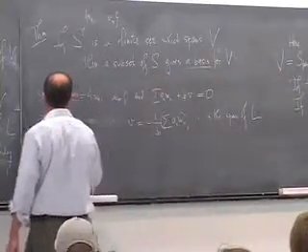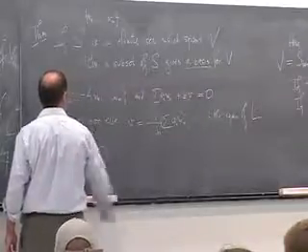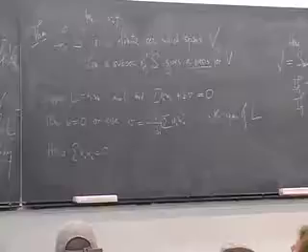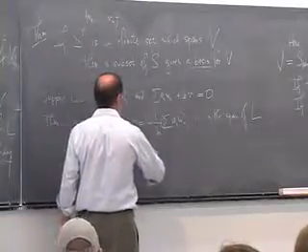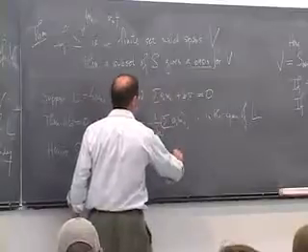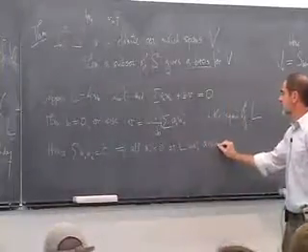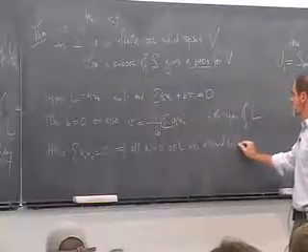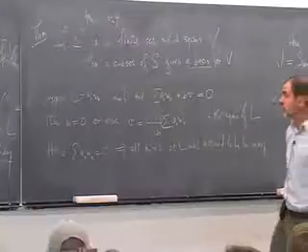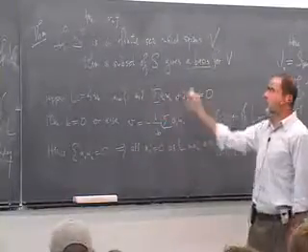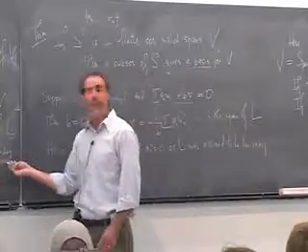Hence, the summation of a_i w_i is equal to 0, because we didn't need b in this linear relation. But that implies that all a_i are 0, as L was assumed to be linearly independent. Okay? So anytime we had a linear relation, we've just proved that all the coefficients are 0. So that means that this is a linearly independent set.